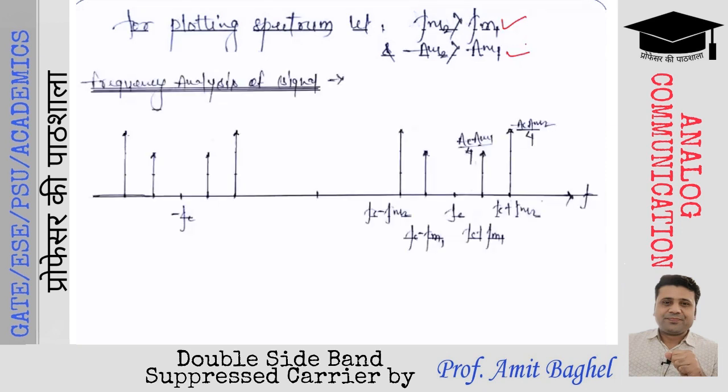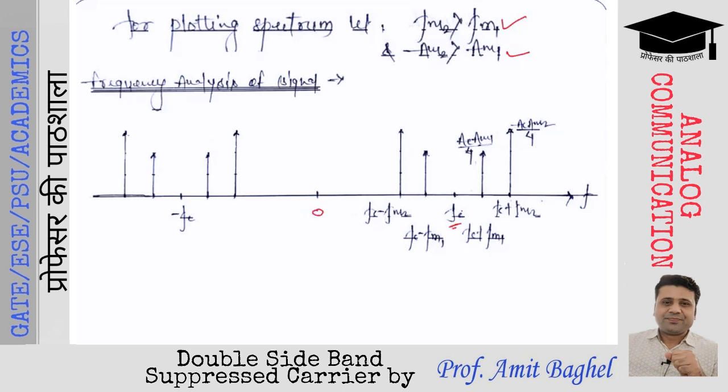When we plot the frequency spectrum of the signal, observe only the positive side components right now. Okay, this is the 0 point. We have a carrier frequency fc. Since it is a DSB modulated waveform, we are not going to get any impulse at the frequency component fc.